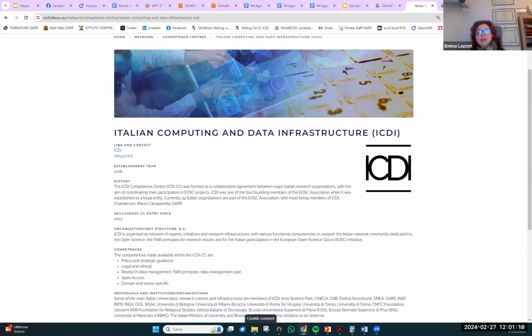And this is done also because we have seen in the past that a lot of training was delivered to many people in the open science context. But if you are not part of an initiative that commits to further train or further support the community, this competence will be lost over the years. So we really need the people to be part of the network before committing to further train others.